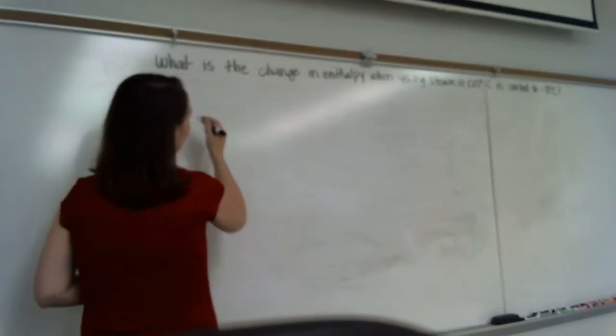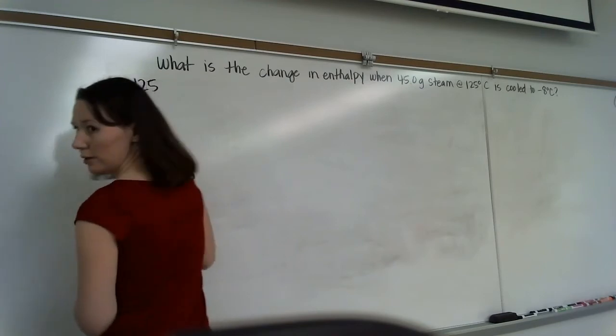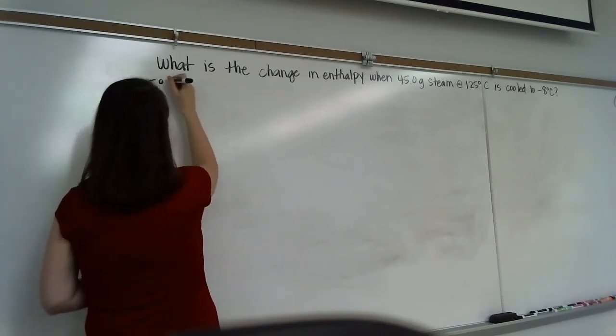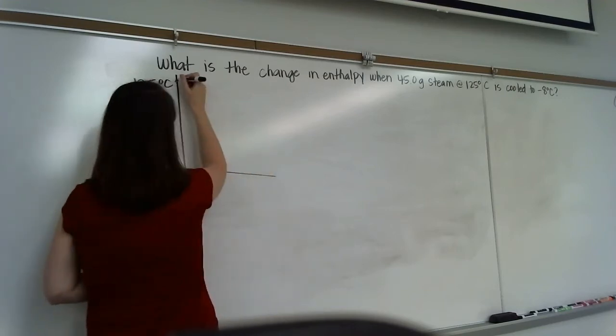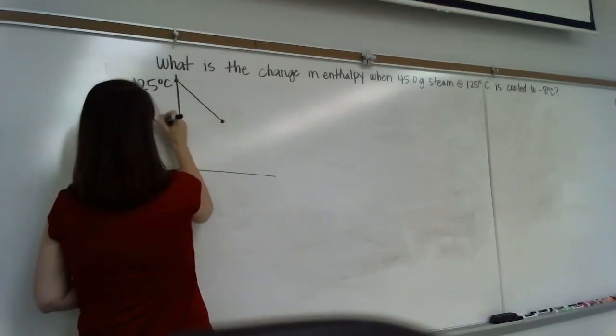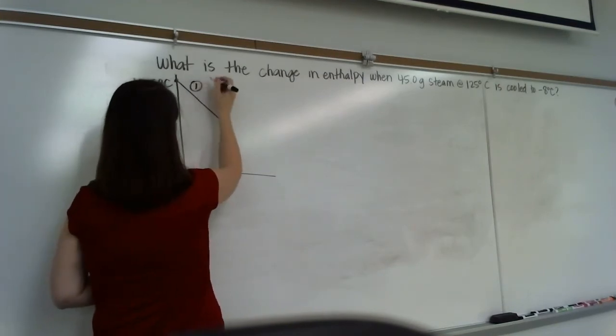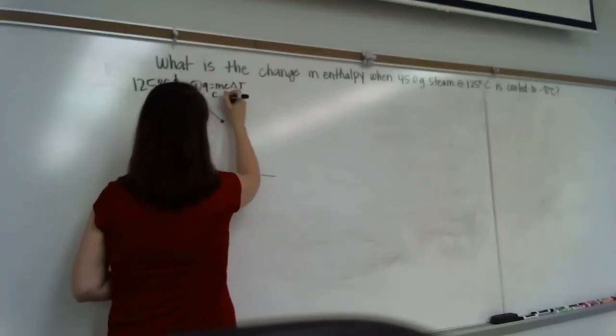So we're starting at 125 degrees Celsius. As time goes on, we're going to cool until we hit 100 degrees Celsius, right? So that's calculation number 1. Q equals MC delta T using the C of steam.